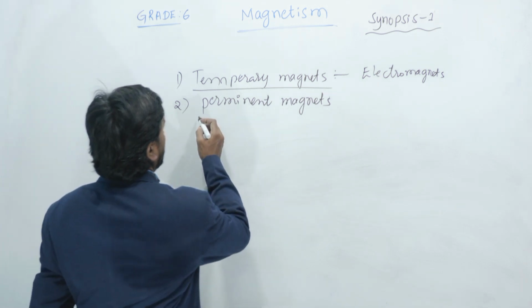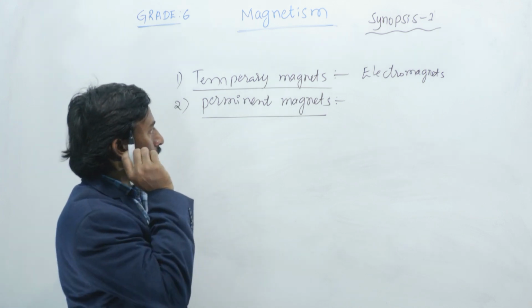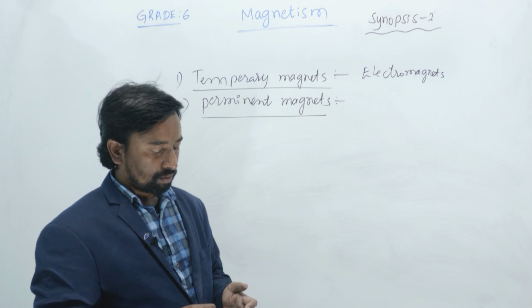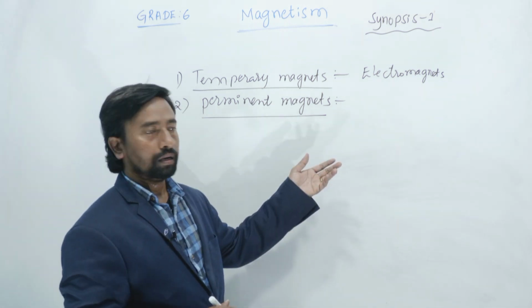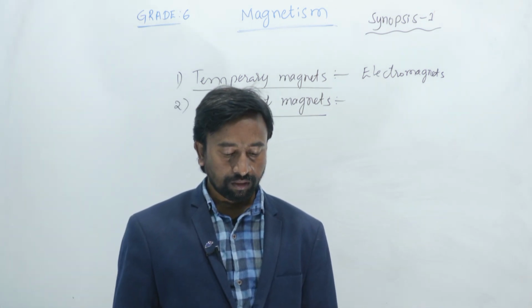Now the permanent magnets. Naturally available materials like magnets are known as permanent magnets, and magnets made of steel will act like permanent magnets. Nickel and cobalt are different types of magnetic materials.